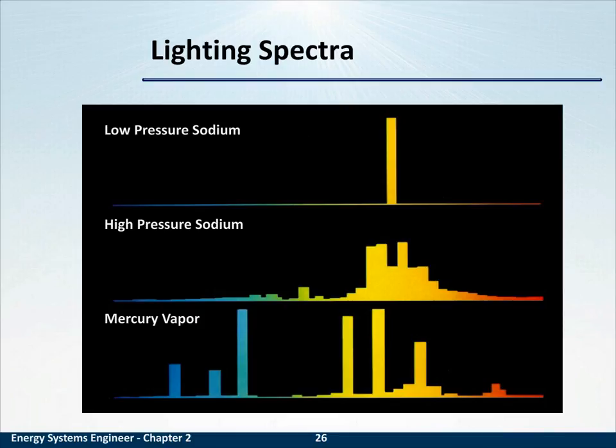It is a dark yellow. It also illustrates that high pressure sodium has a broader base of color, but still centered around yellow. Mercury vapor, however, you see has strong color bands across the visible spectrum, from violet to red.